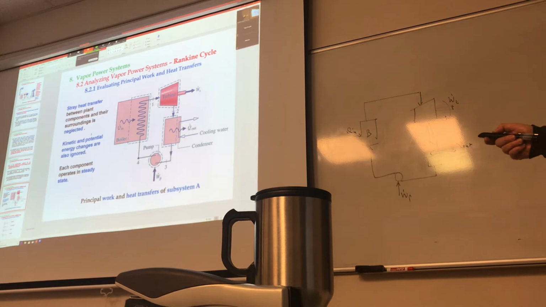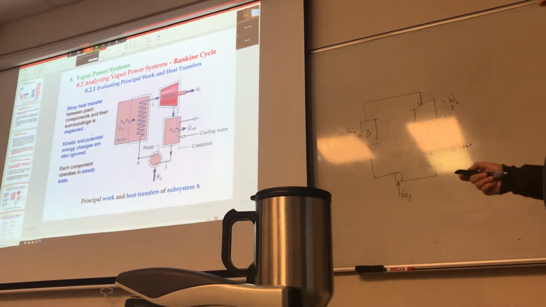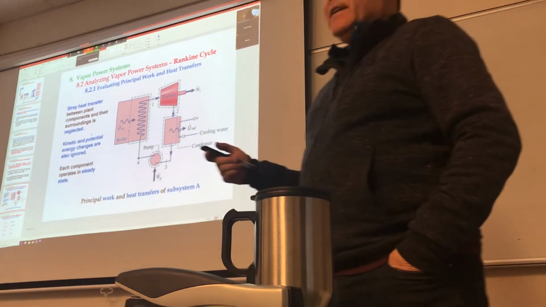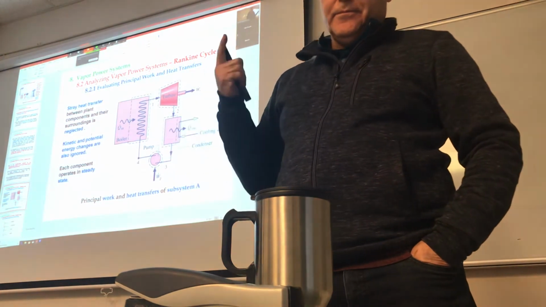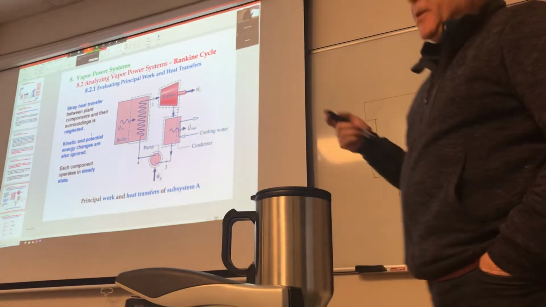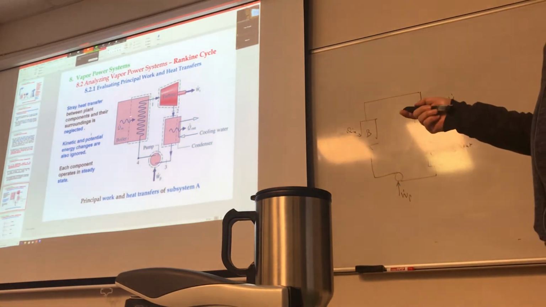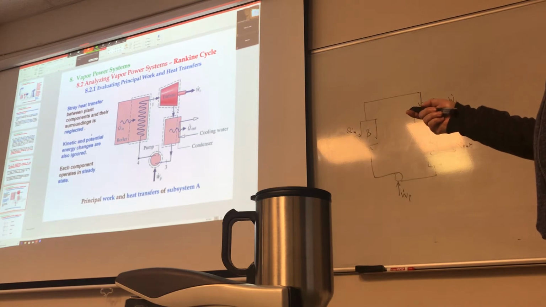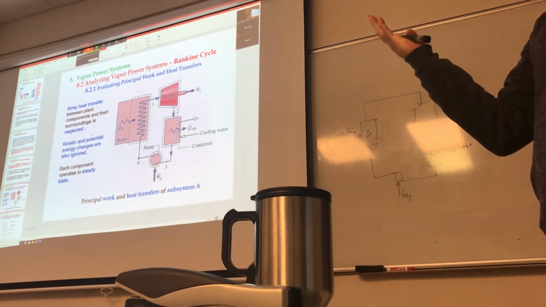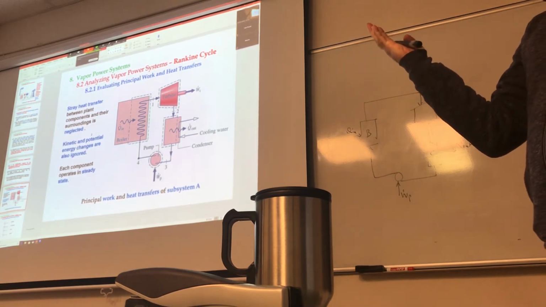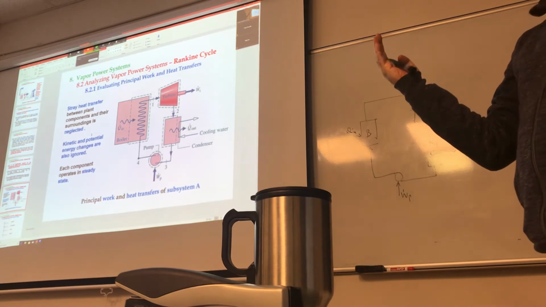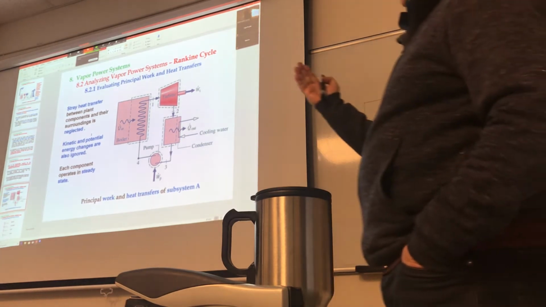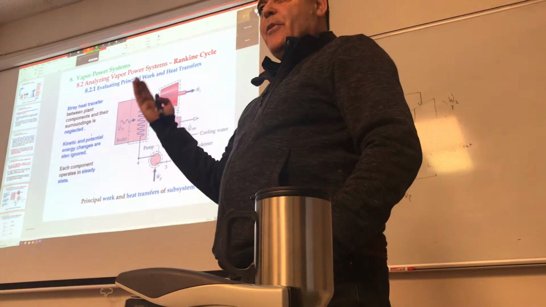And stray heat transfer between components, so what are the idealizations we have to make? This is the interesting part. Remember when the vapor comes in through here? Do you think the shell of that turbine is going to be a little bit hot? You've got pretty darn hot gases coming in. When you take heat transfer, you know that heat always flows from hot to cold.